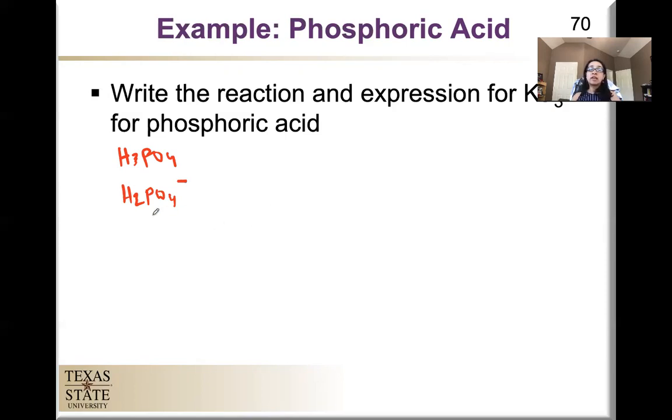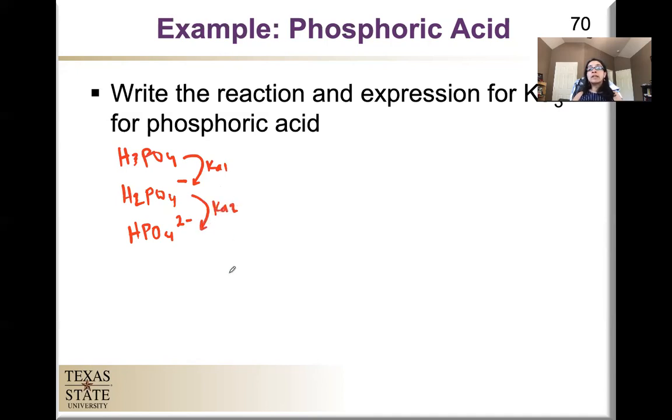The third dissociation is going to be the donation of another proton, so it will become HPO4 with a charge of 2-. Going from H3PO4 to this one, that's associated with Ka1. Going from this one to this one, that would be Ka2.